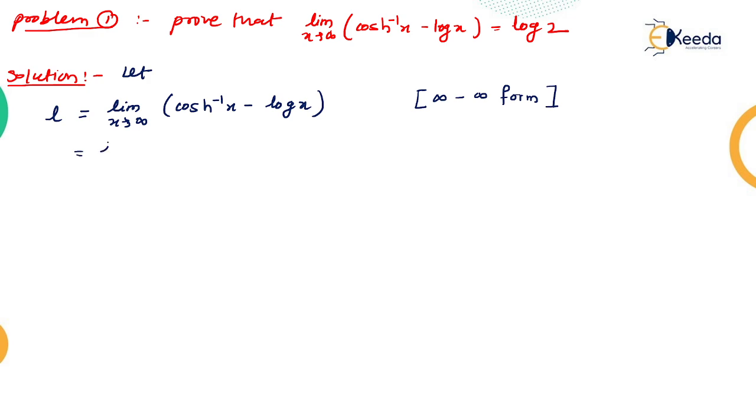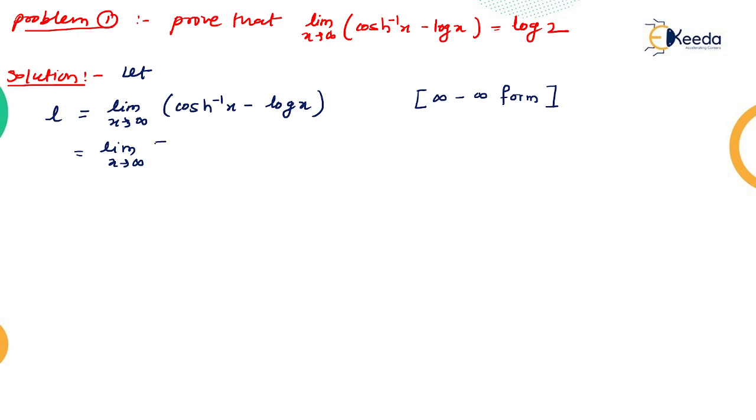This is the limit as x tends to infinity of cosh inverse x minus log x. You know the formula for cosh inverse x: instead of it we write log of (x plus the square root of x squared minus 1), minus log x.